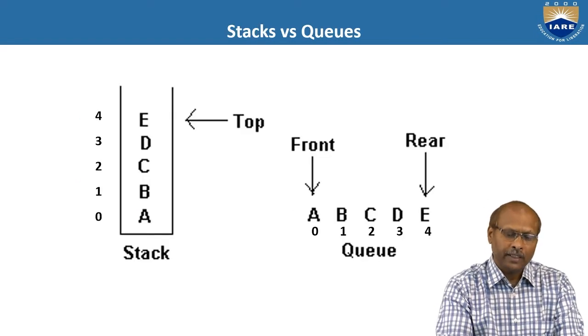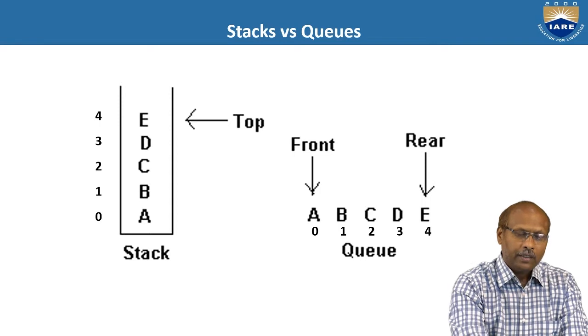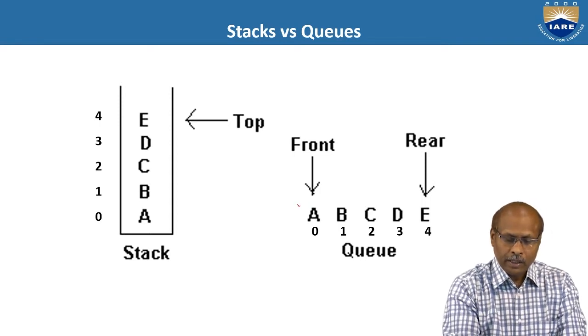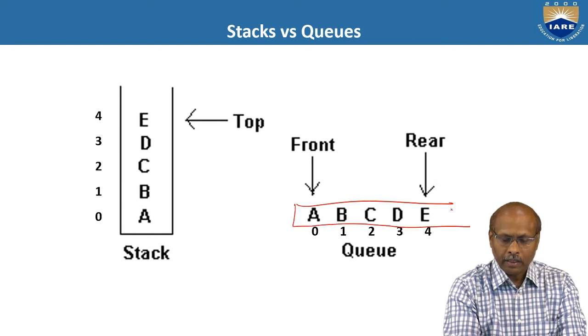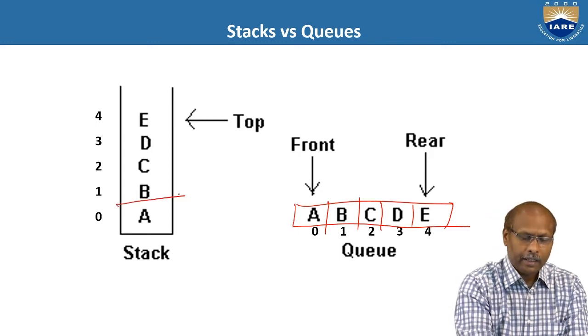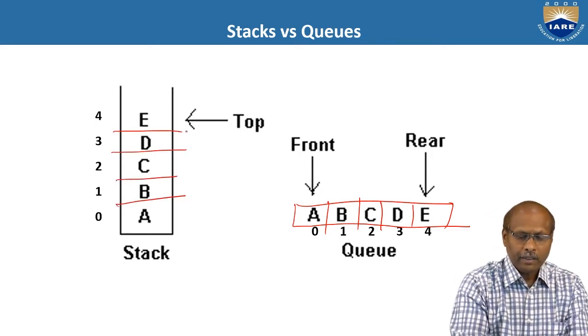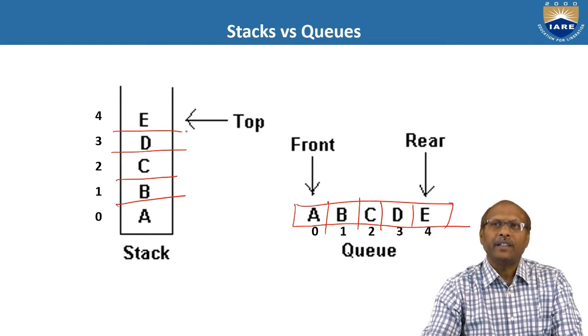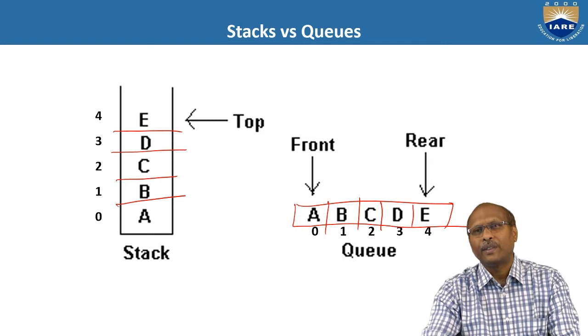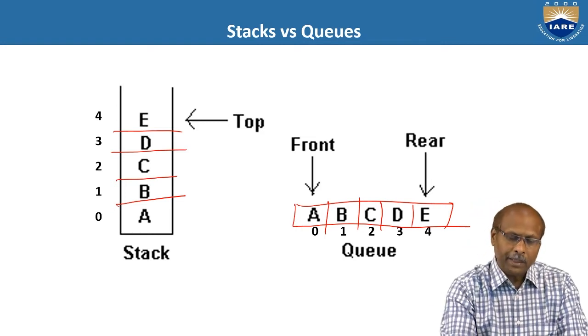Generally, you can differentiate through a diagram also. The stack is represented in a vertical way, whereas the queue is represented in a horizontal way. Whenever you represent the array in a vertical manner, that is a stack. Whenever you represent the array in a horizontal manner, that is a queue. So this is a general representation of stack and queue. The first element is called the front element.